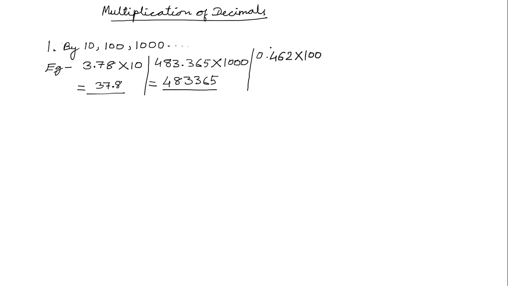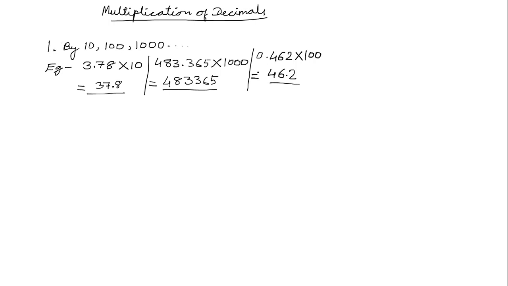Now this decimal number is very small. It is less than 1, because in the ones place there is not even 1, it is 0. Now again what will happen? There are 2 zeros with 1. The point will shift 2 places right, so the value will become 46.2.